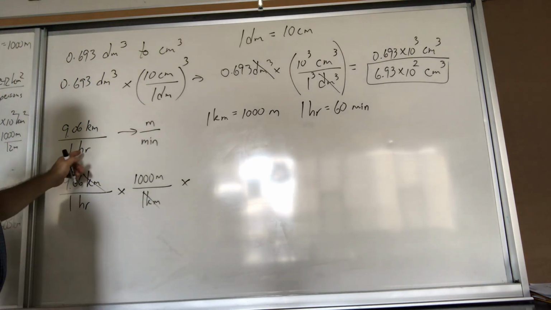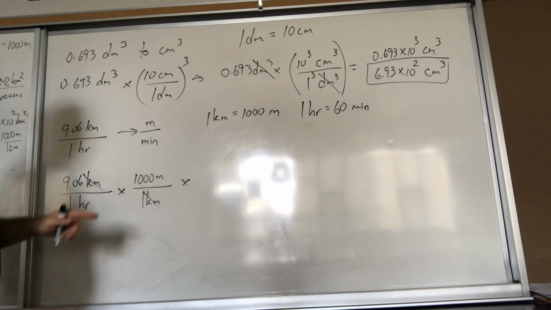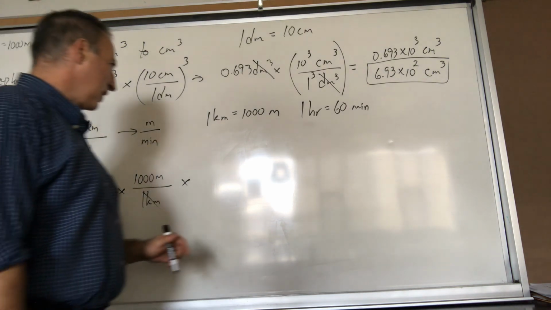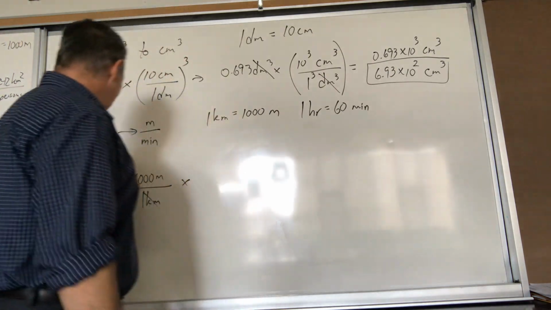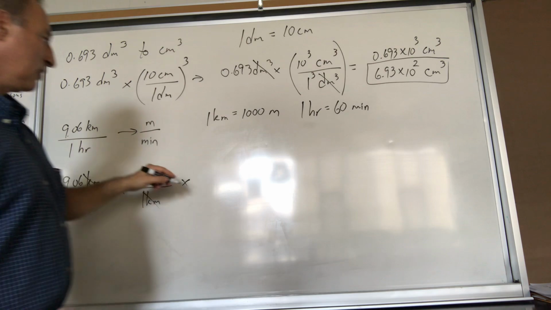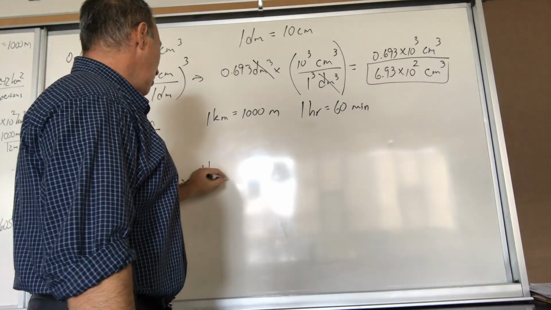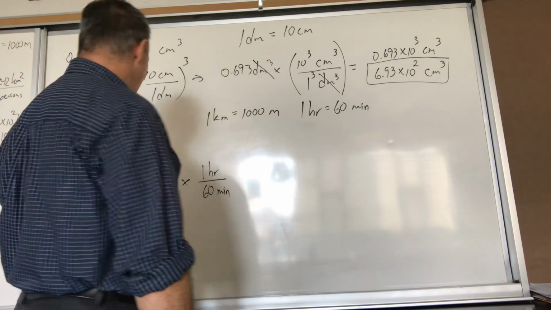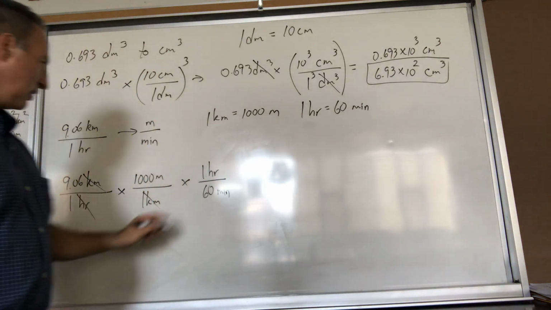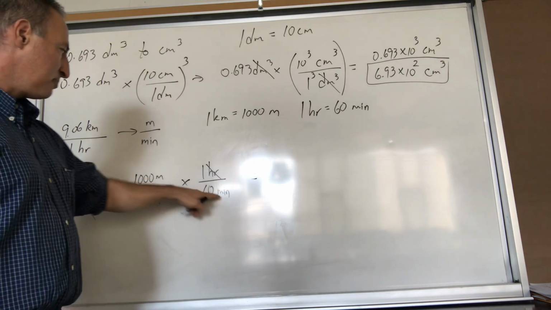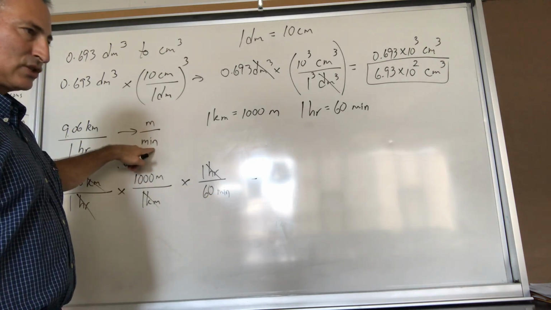We also want to get rid of hours by converting them into minutes. Hours is in the denominator here, so I want to get rid of it by putting hours in the numerator. So I'm going to say 1 hour per 60 minutes. That allows me to cancel hours. Cancel over here, cancel over there. What are the units that didn't get canceled? Meters per minute. Lo and behold, that's the answer we're looking for.